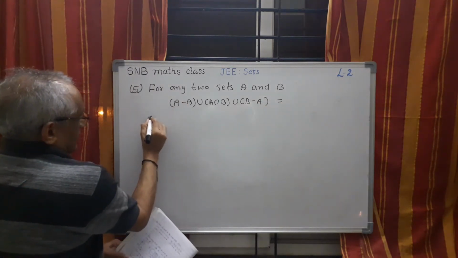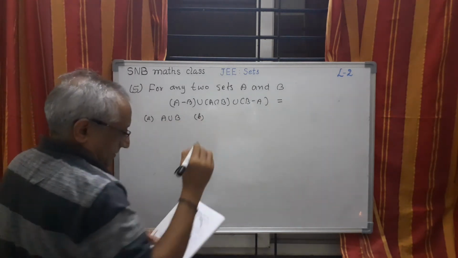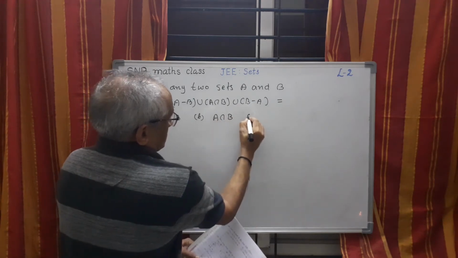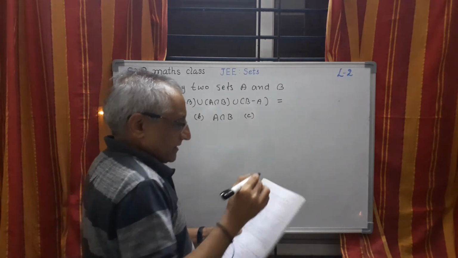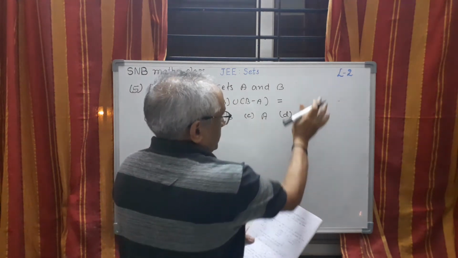Options given are: A, A union B; B, B; C, A intersection B; D, B complement.